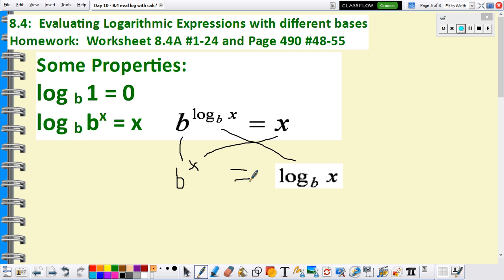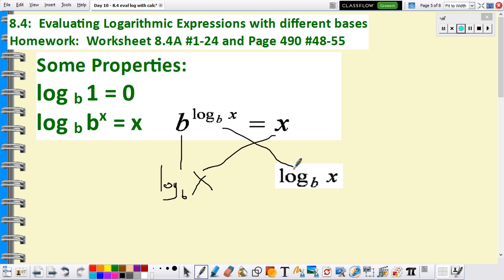Wait, I screwed this up. Totally ignore what I just said. It's an exponential. We're rewriting it as a logarithm. Erase. Sorry. Well, that looks weird. This is an exponential. We are going to rewrite it as a logarithm. So the base comes down, and we've got log base b of x, and then this comes across equals that other log base b of x, and we end up with two equal statements.